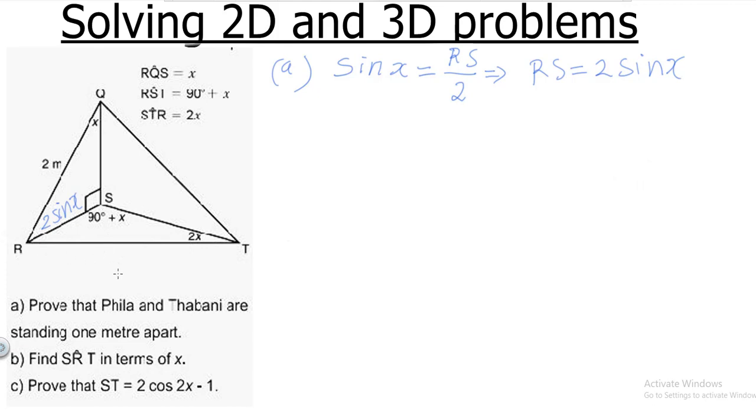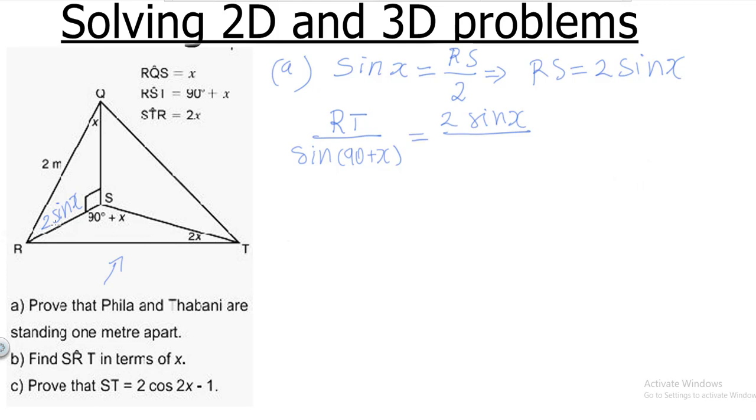So now they say we must find this side, okay, to prove that this is 1 meter. So now we can use what we call a sine rule, because the sine rule will be RT, the distance RT, divided by sine of the opposite angle here. The angle is what? 90 plus x, equal to the side that is known here, RS, 2 sine x, over what?